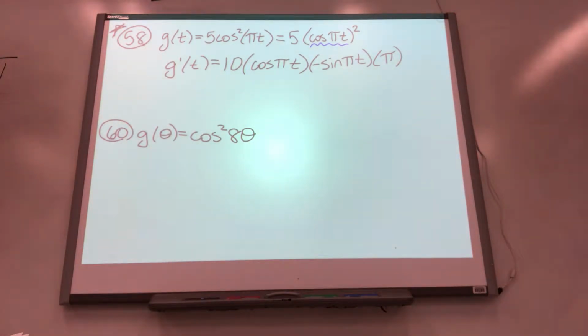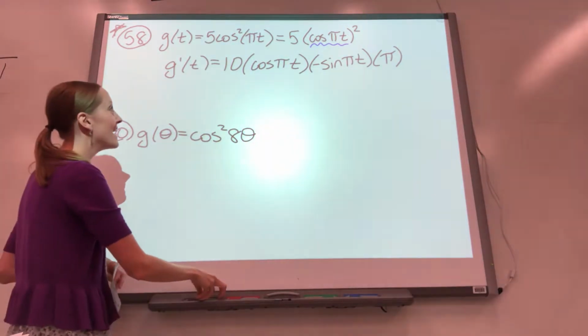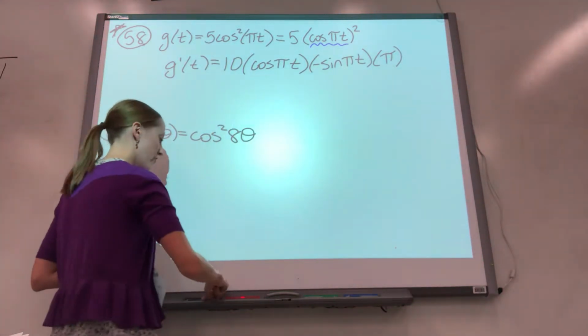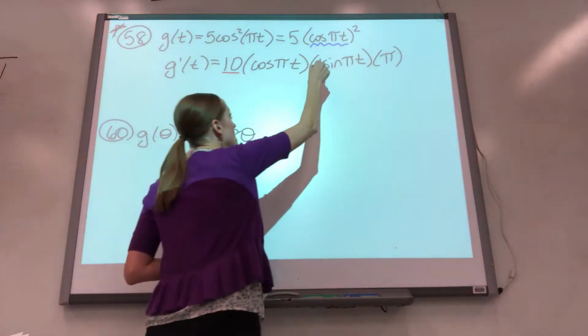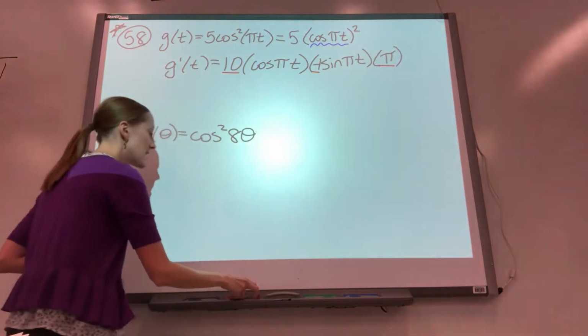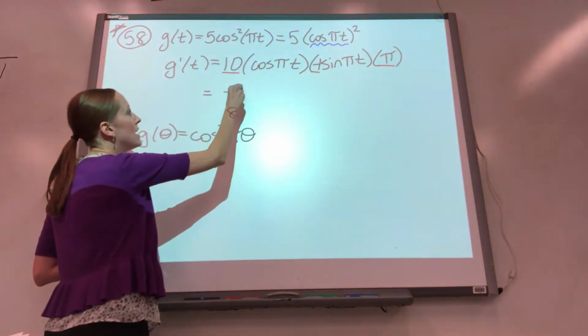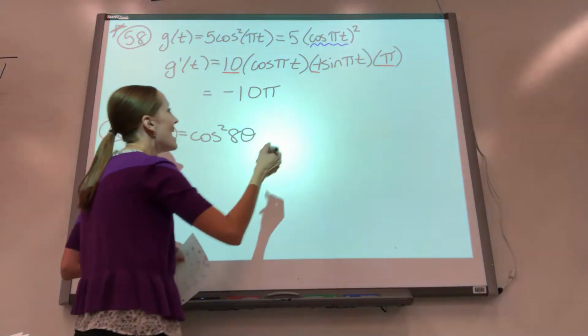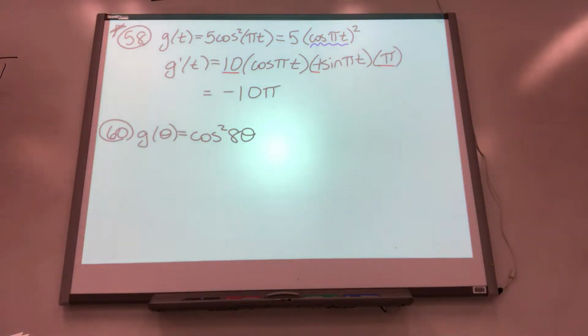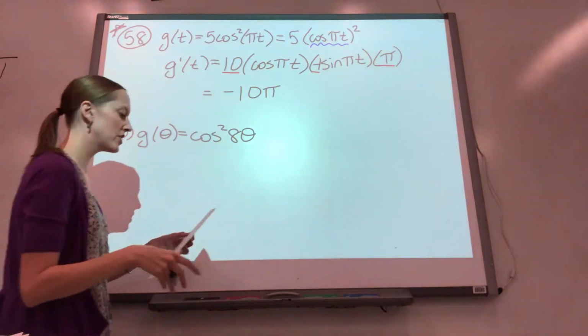Pi t, and that would just be pi. So think of this as a -1 right there. 10 times -1 times pi, that would be -10 pi.